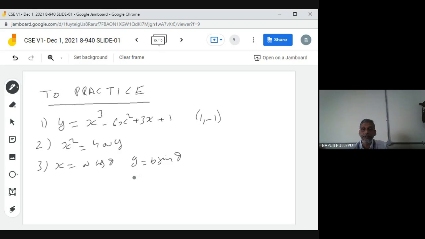Already I told you x square by a square plus y square by b square, means x is equal to a cos theta, y is equal to b sin theta. The same problem they may ask. Find the center of curvature of x square by a square plus y square by b square at a cos theta, b sin theta. Both are same. Don't confuse. This is the given point, just you can try.